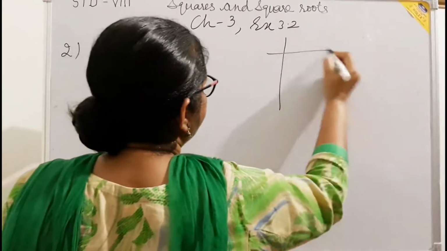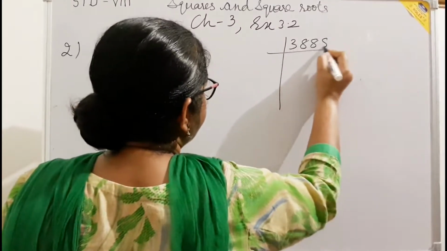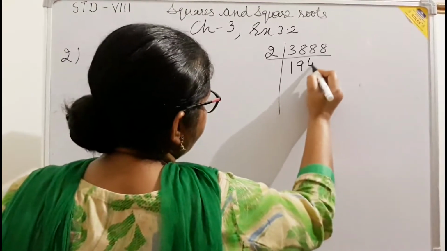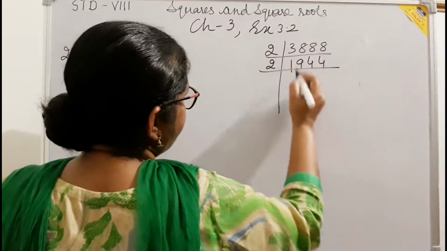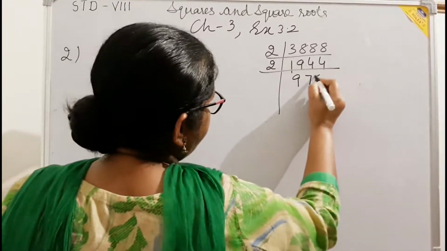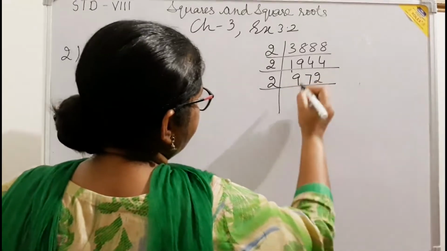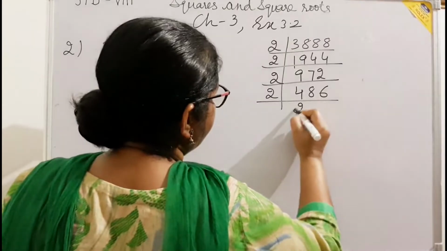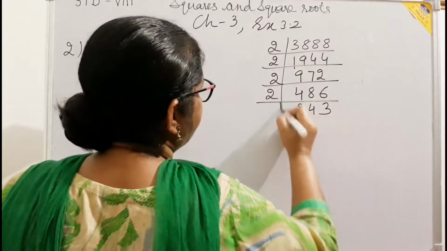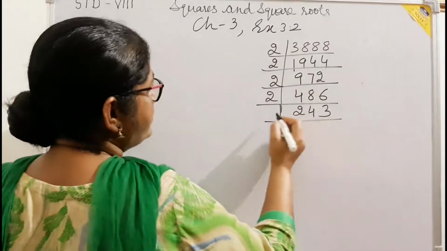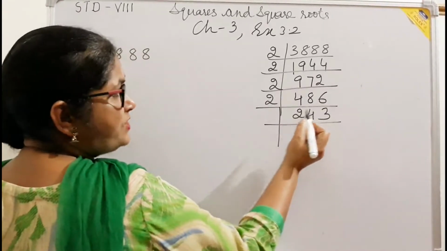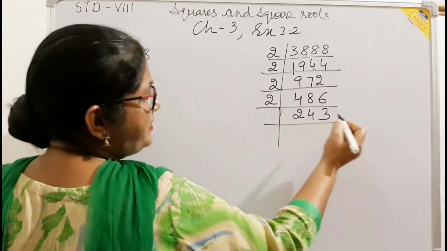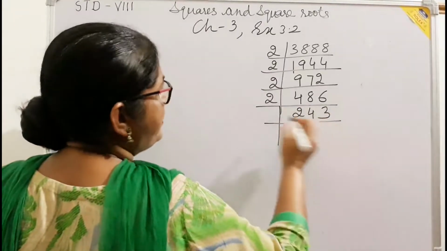Now 3888, last digit 8 means it should be divided by 2, and also 2. Yes, now last digit 3. 4 plus 2 is 6, 6 plus 3 is 9. Sum of digits 9 means it will be divisible by 3.